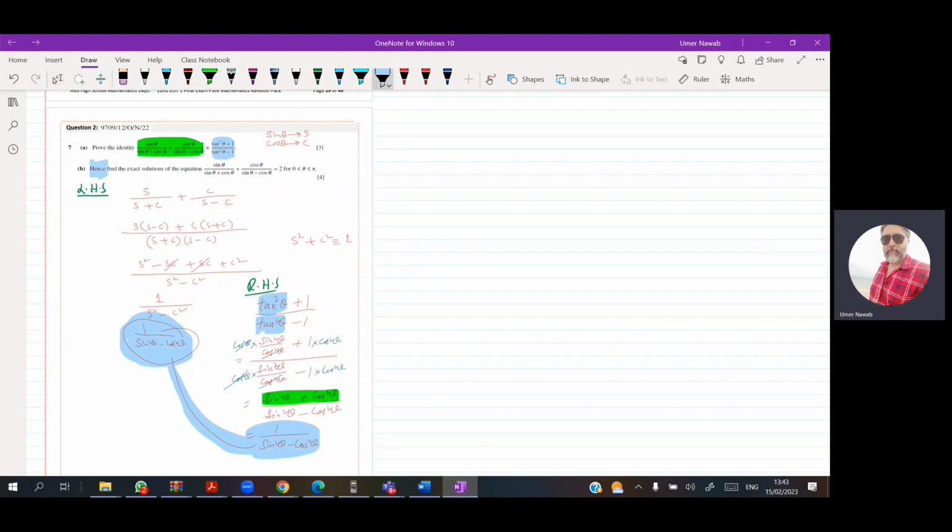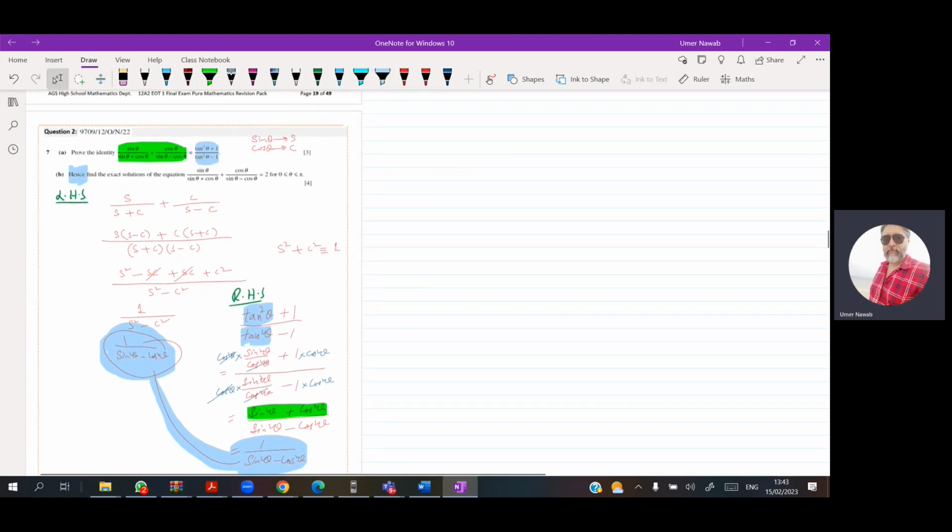Then he uses the command word hence. So we need to rely on these results. The left-hand side is equal to tan square. Can I write here t squared plus 1 over t squared minus 1? He said it is equal to 2. So start working on it, and your range is given from 0 to pi. So do the cross multiplication.